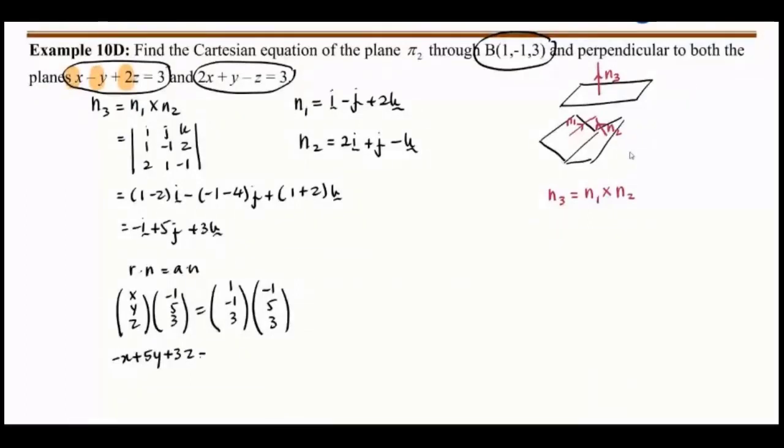On the right side, negative 1 minus 5 plus 9, we get 3. Okay, so that's how we find example 10b.